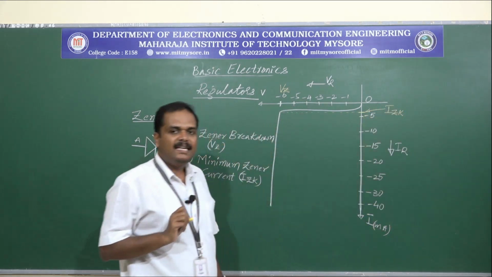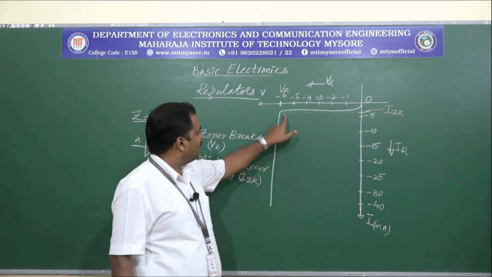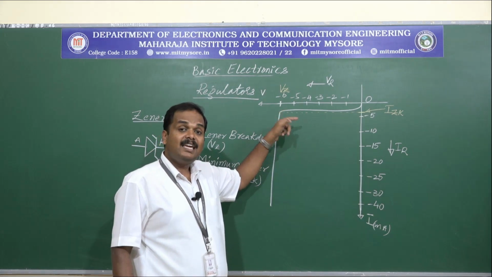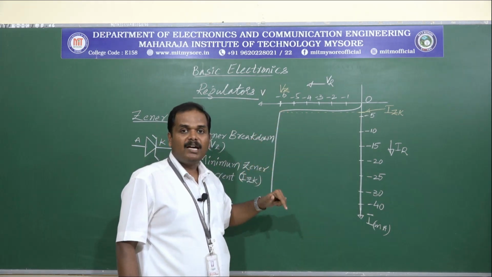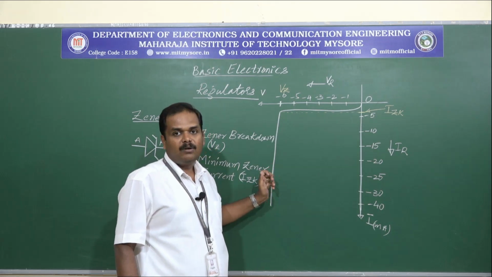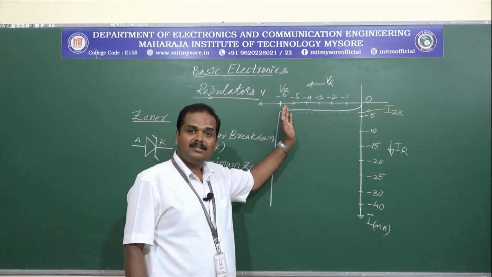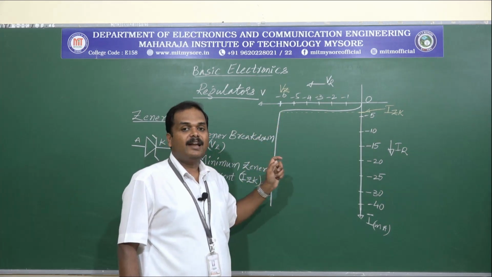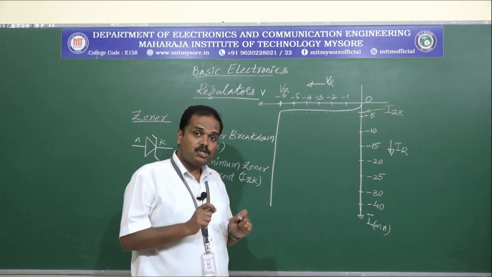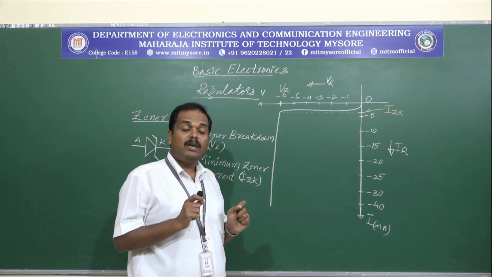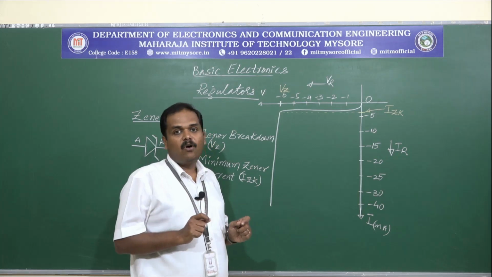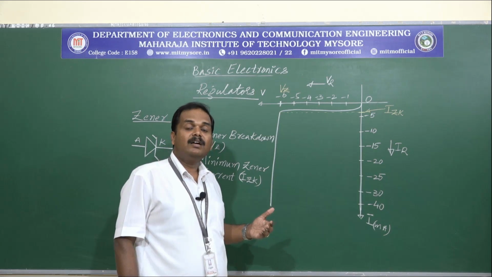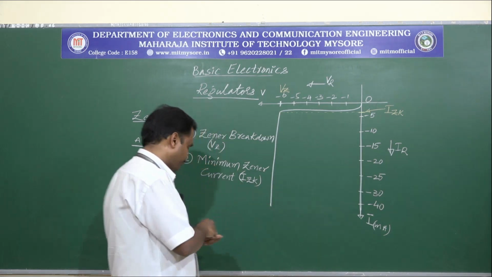This is the minimum current that is required to maintain the breakdown region. If you go less than this, then the Zener will not be working in the Zener breakdown region. So we should make sure that the circuit elements allow a minimum current of IZK at least, so that the Zener will be working in the breakdown region.